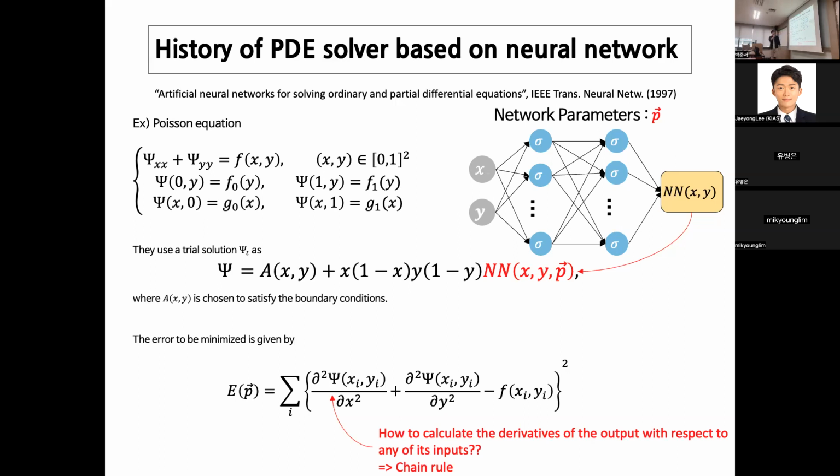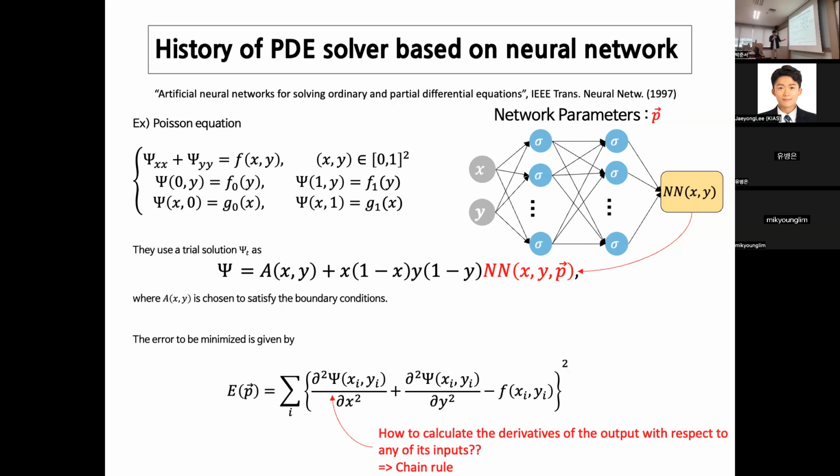And then they want to find that neural network term to satisfy this equation. So in this, they use this idea to enforce these boundary conditions, and they have to find the neural network focusing on this first equation. And then they want to make a neural network parameterization, which takes an input x, y, and the output is neural network x, y.